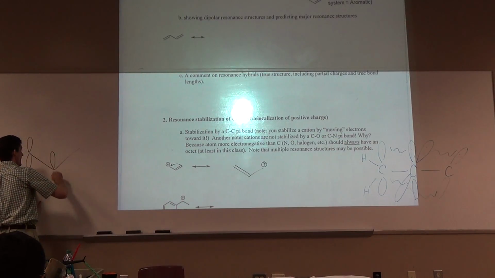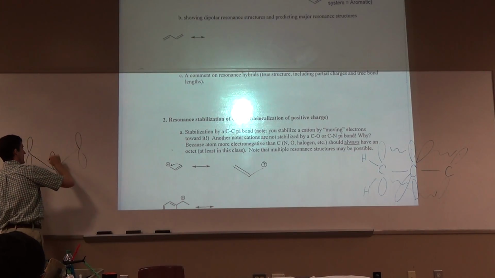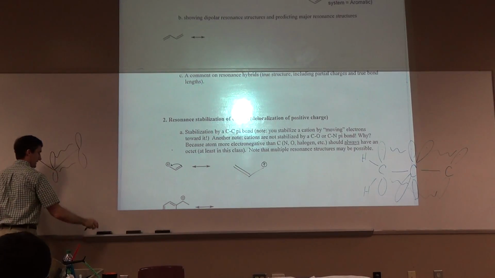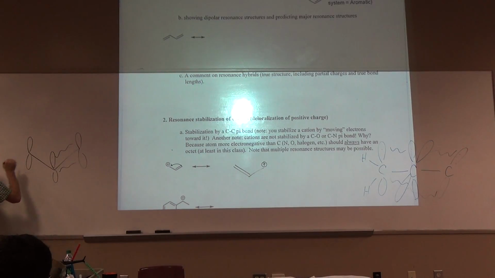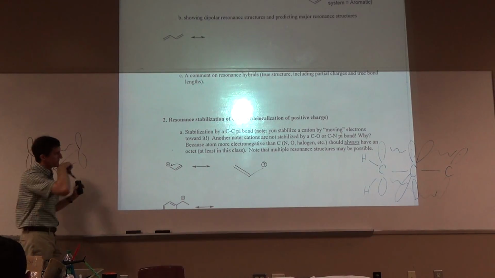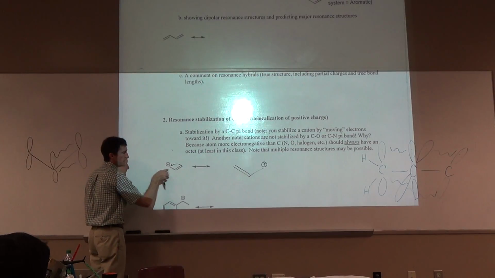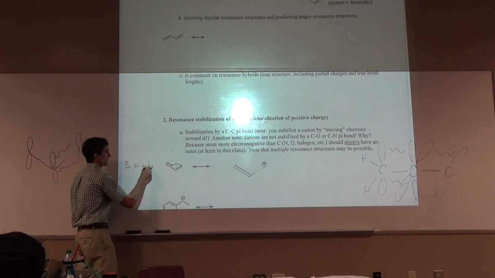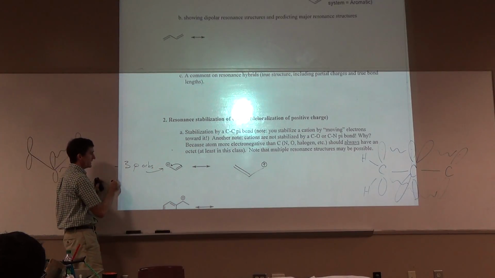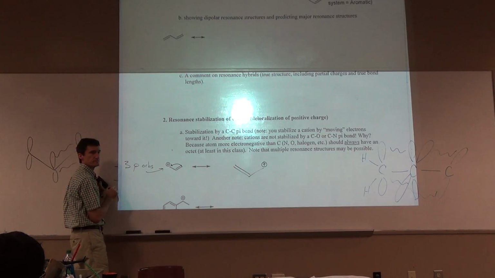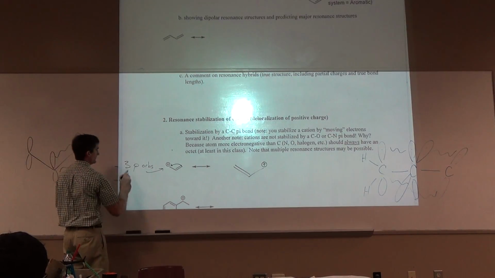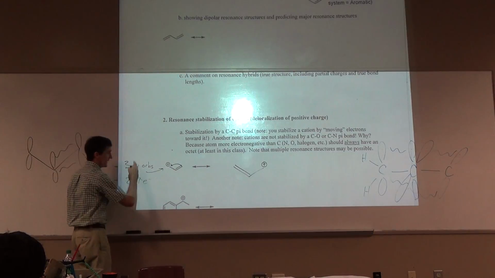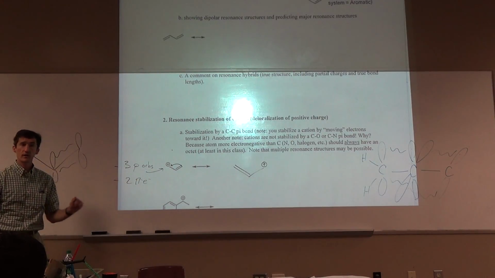Then over here we have a one-electron pi bond. How many p orbitals are conjugated here? 3 p orbitals. How many pi electrons in the system? 1, 2. 2 pi electrons. It's missing an electron, that's why it's a positive charge.